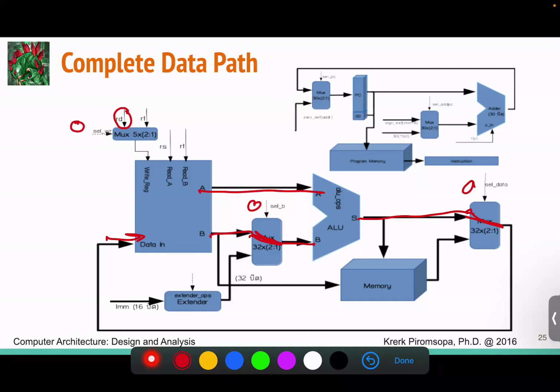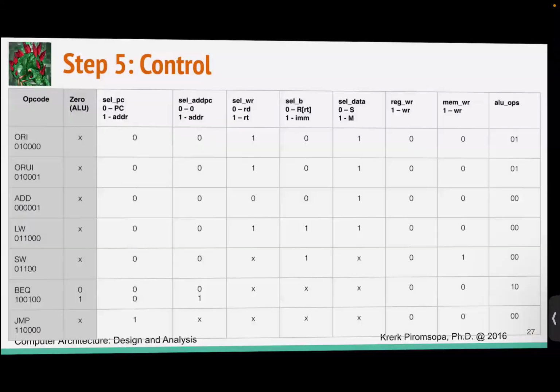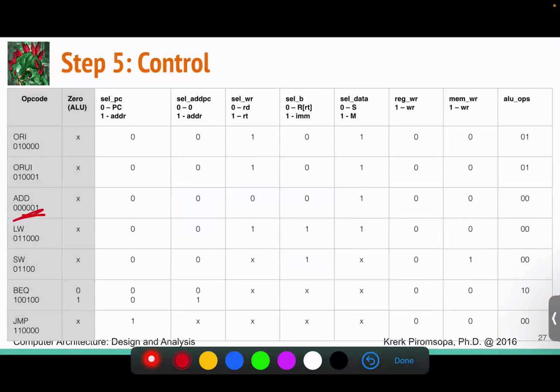See, just switching. So a multiplexer, in a sense, is just switching. And you keep repeating that until you get all the instructions that you want.